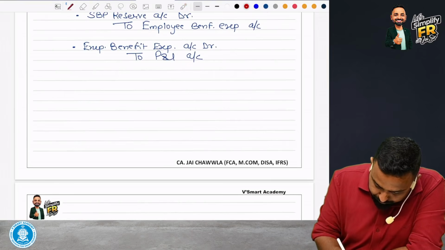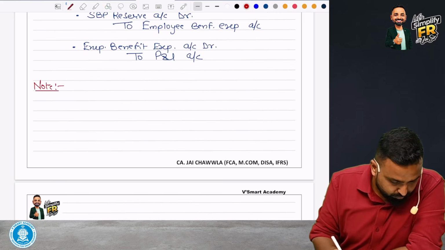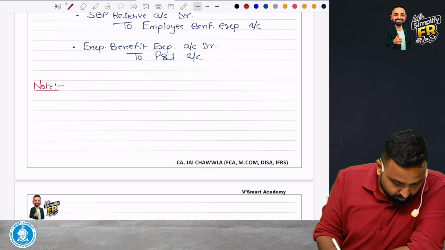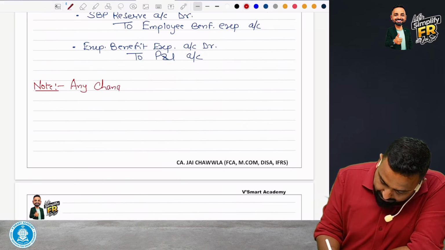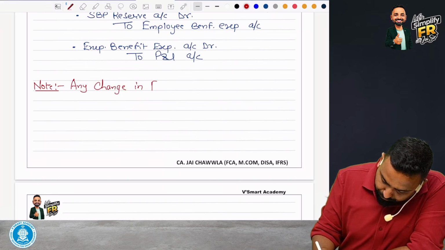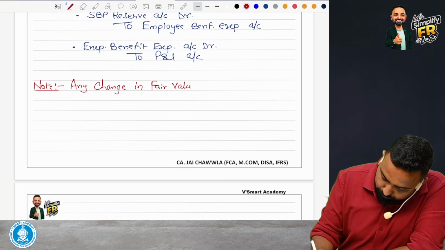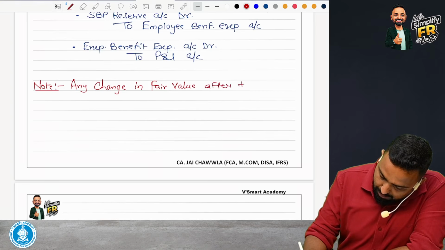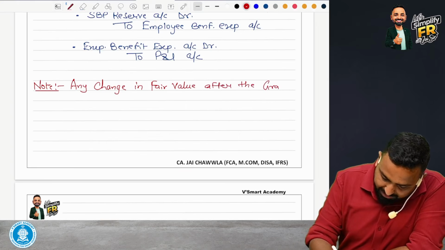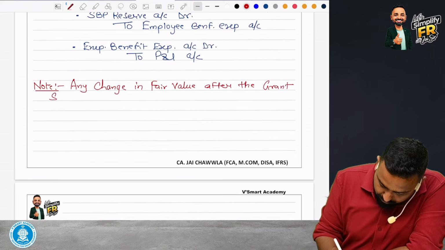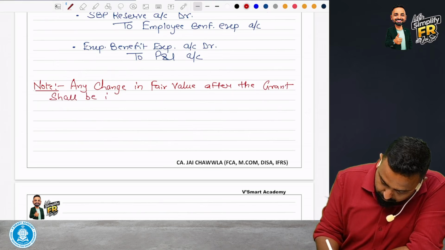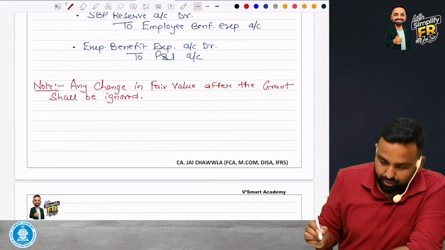Note: any change in fair value after the grant date shall be ignored.